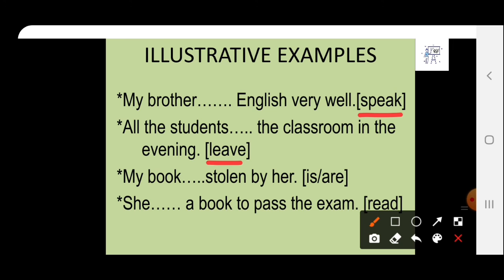So, here we will use only leave, not leaves. Fine. Next is, my book is stolen by her, because book is singular here and we have to use single verb form. She dash a book to pass the exam. She, singular subject. So, here we will use reads.